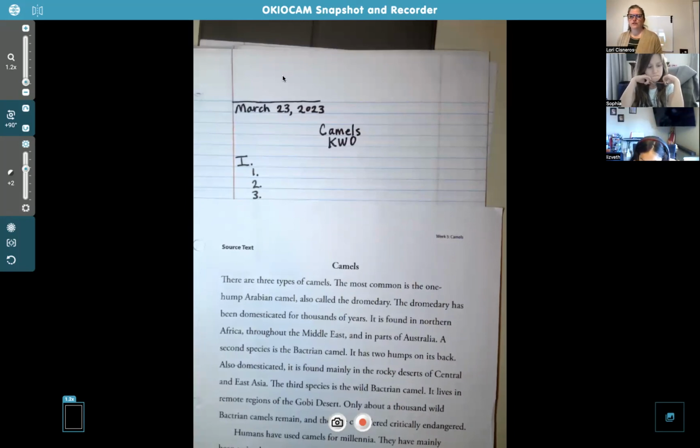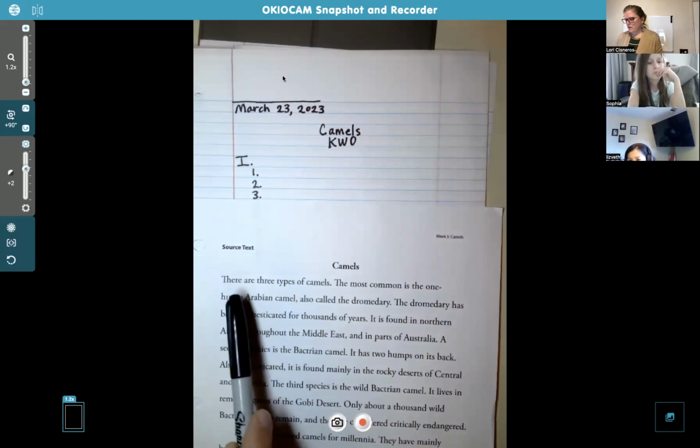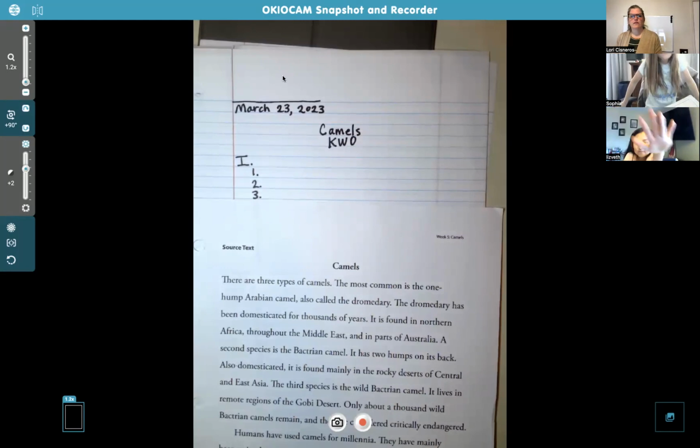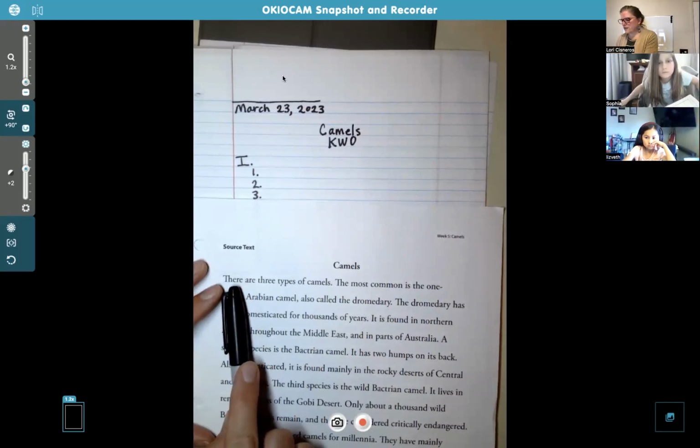What are the keywords? It's an easy one. Go ahead and unmute, Sophia. There are 3 types of camels. You're looking at this sentence right here.